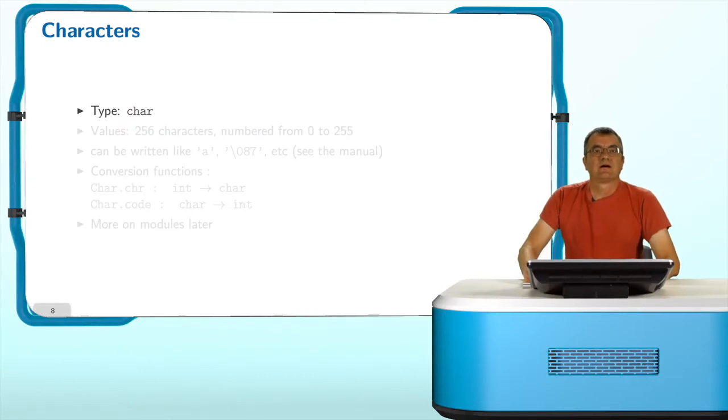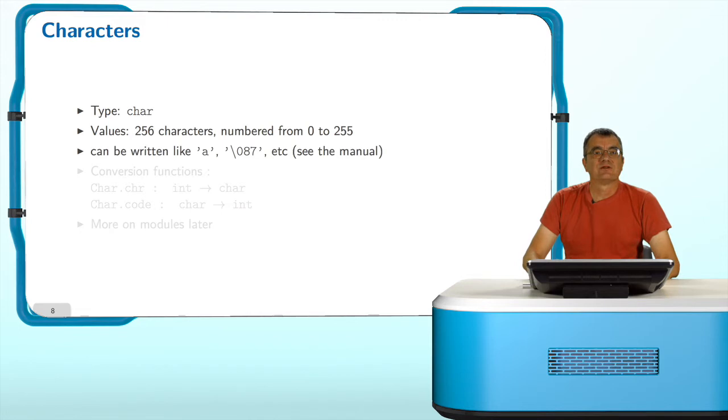Our next data type are characters, written char. This type contains 256 values, the constants of which can be written either as letters inside of quotes or using various other notations like octal numbers, decimal numbers, hex numbers, and so on, which you can find all in the manual.